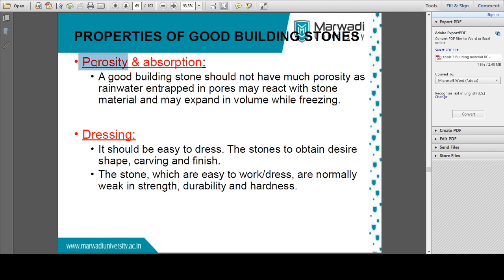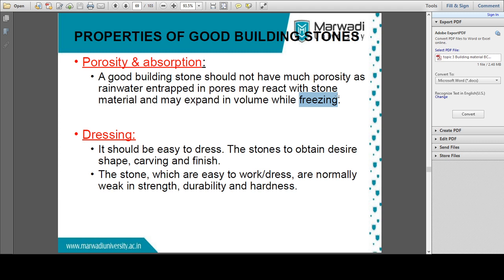Next ideal property is porosity and absorption. So stone actually should not absorb more water. What happens if it absorbs more water? During freezing, that is during cold climatic conditions, this water will convert into solid, because water has three states: solid, liquid and gas.